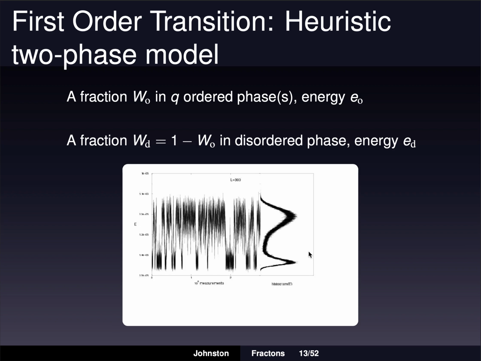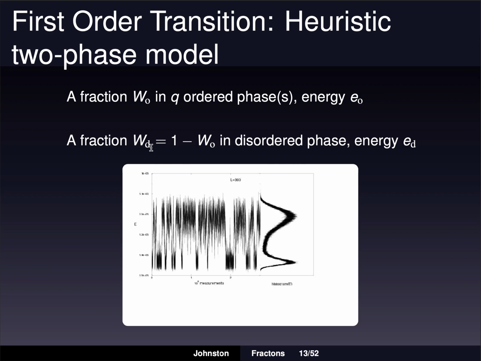And we can use this observation to extract the scaling that we would expect in a simulation. So suppose we had a fraction, let's call it WO for ordered, in the Q ordered phases. So I'll assume I've got a Q state Potts model where there are Q potential ordered phases. And the energy of this is EO for the ordered energy.